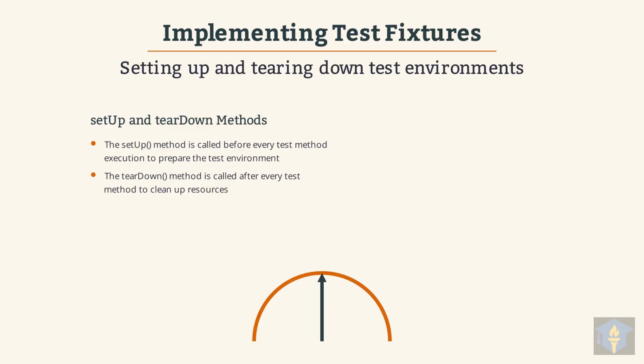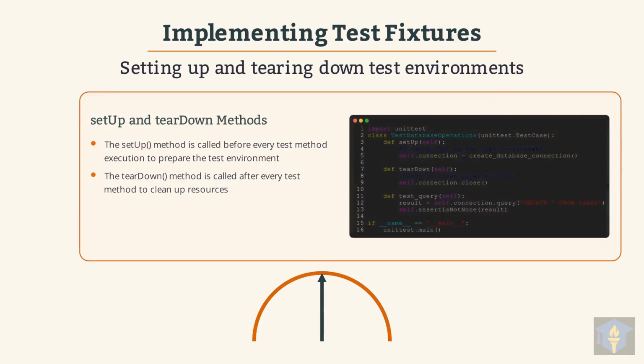The setUp method runs before each test to prepare the environment, while tearDown cleans up resources after every test execution. This code shows setUp creating a database connection and tearDown closing it, ensuring a clean state for each test.